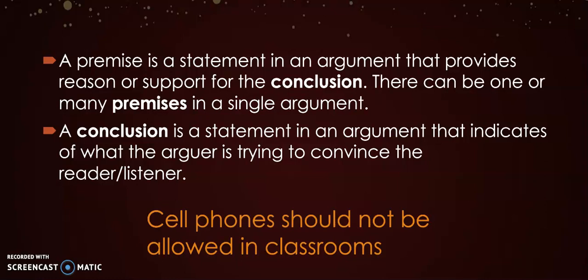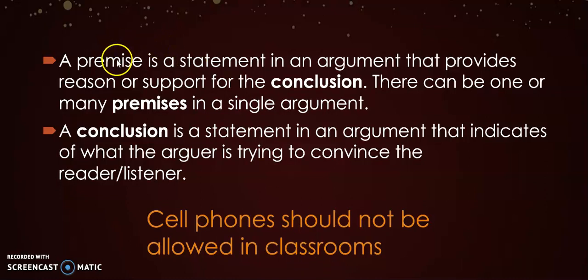Nowadays, cell phones are good as they could be used as a material for study. Teachers can share the materials. You can give a lot of premises to this conclusion statement, speaking against the topic.